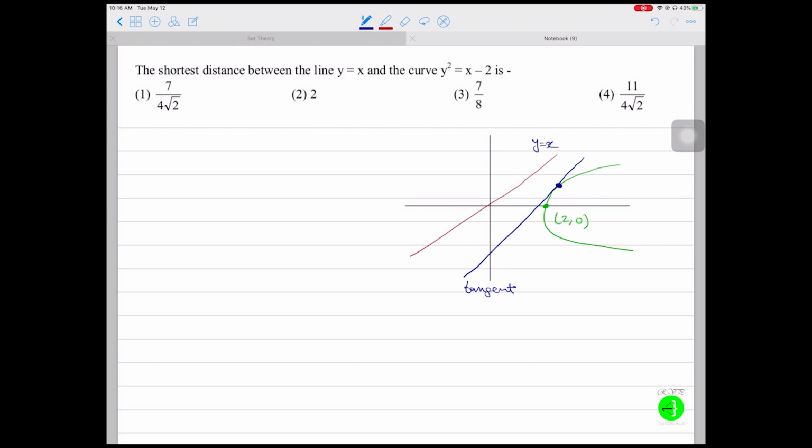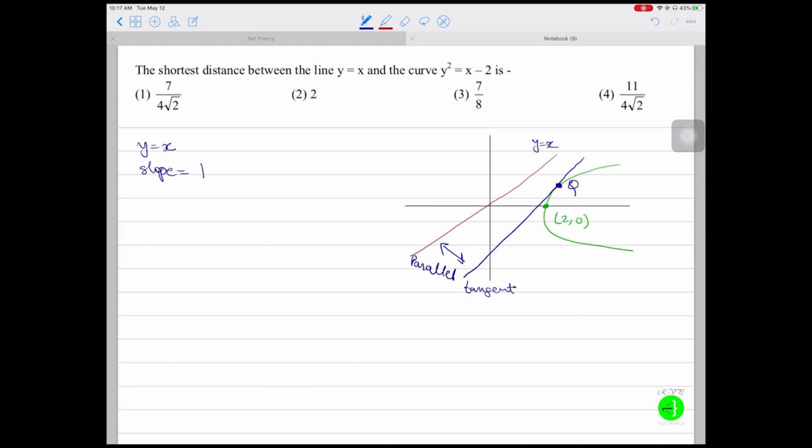I can even show you that, but we don't have enough time here to show the whole proof. So the tangent at that point should be parallel to this line, then only the point is nearest to the line. So by using this concept, for the line y equals x, slope equals 1. So for this point Q, the slope of the tangent should be equal to 1.